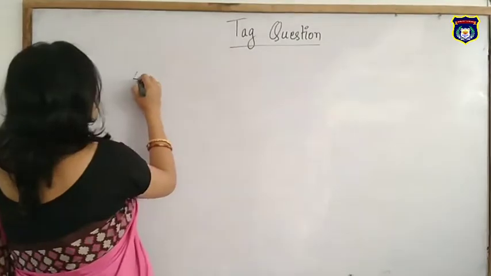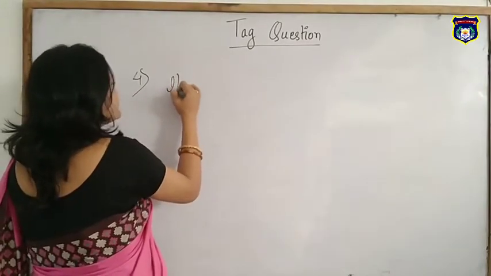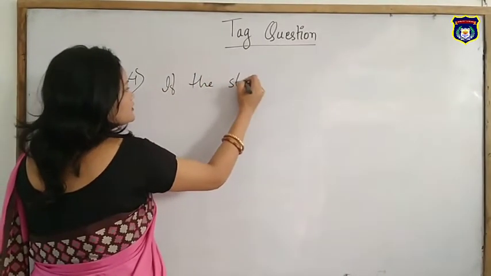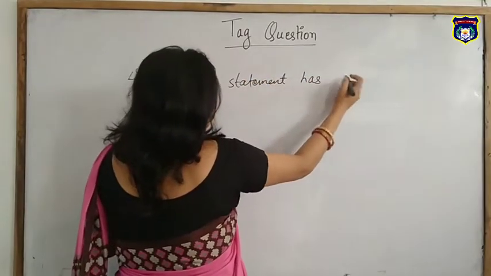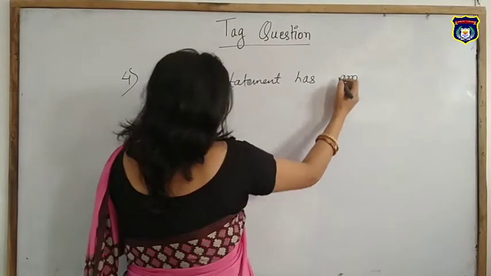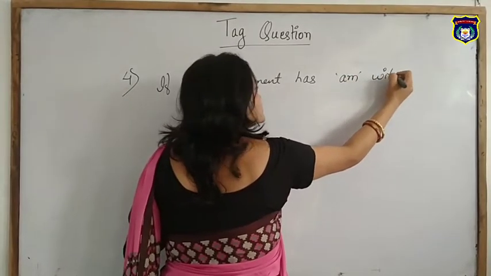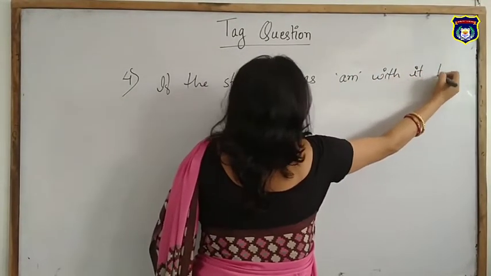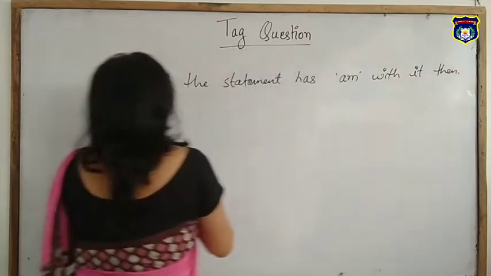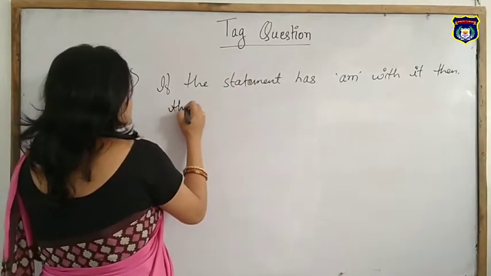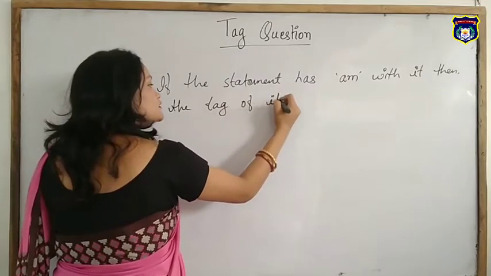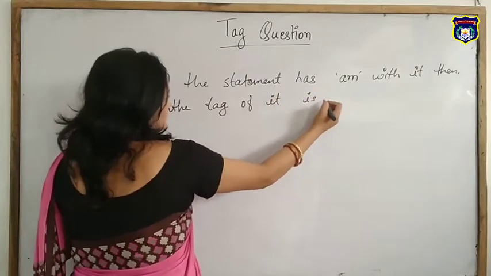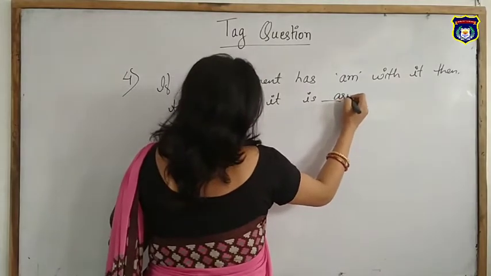Now rule number 4 is, if the statement has am with it, then the tag of it is aren't.